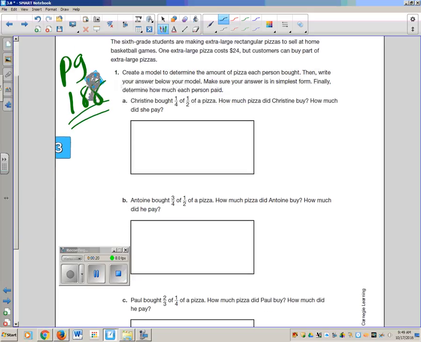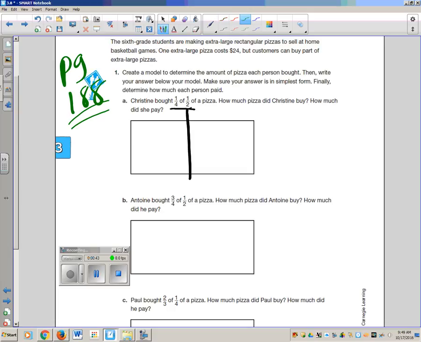So Christine got 1/4 of 1/2. Right now I'm just worried about the drawing of the picture, not solving the exact problem because the problem's asking how much the pizza costs. Right now I just want to focus on the pictures. So 1/4 of 1/2. Cut your rectangle in half.